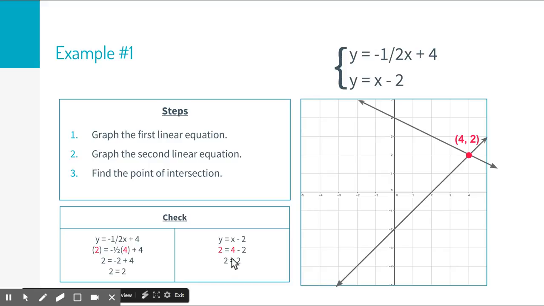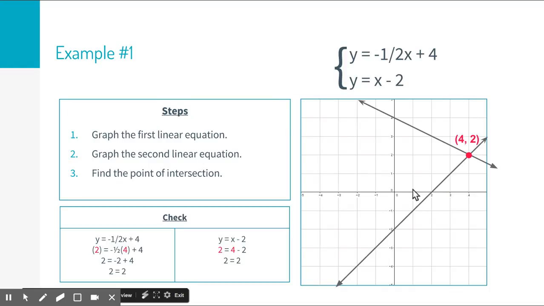I plug in 2 for y, 4 for x, and when it gets all the way to the bottom of the equation, when you've simplified it as far as you can, if the two numbers are equal to each other, then you know that that is a solution to the equation. So in this case, you can see on both sides, they all simplify down to 2 equals 2, and 2 does equal 2, so we know that 4, 2 as our point of intersection does check out, and that is a solution to both of these equations, not just one.